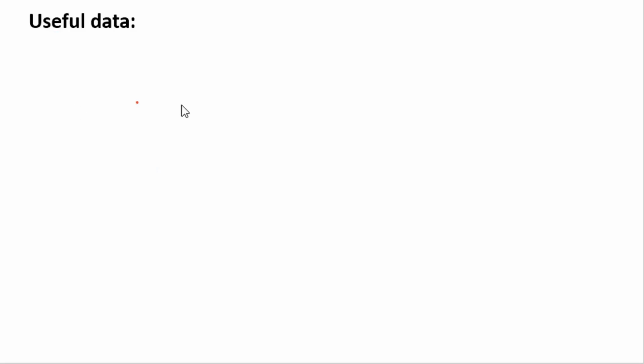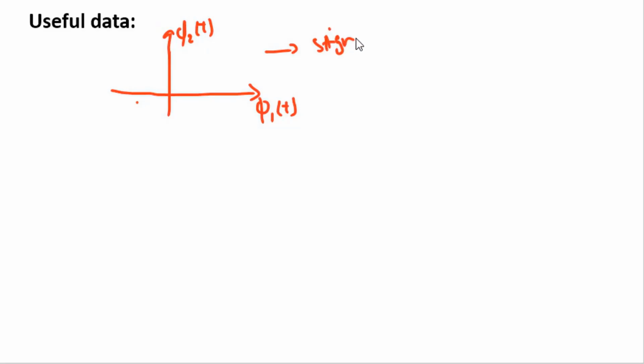So the useful data for this question is the signal state representation, where this axis is phi 1 of t and this axis is phi 2 of t. This is your signal state representation, where phi 1 of t and phi 2 of t are orthonormal to each other.